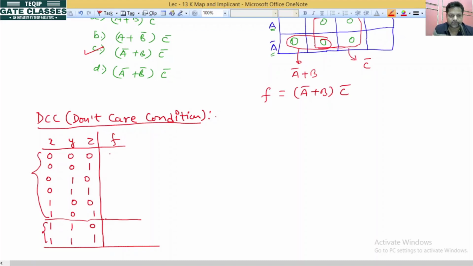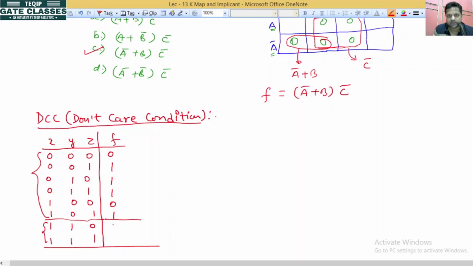So suppose I have this one 0, 1, 1, 1, 0, 1. Suppose the outputs of these inputs are like this, and for these 2 inputs, whatever output comes, it will not affect our circuit.